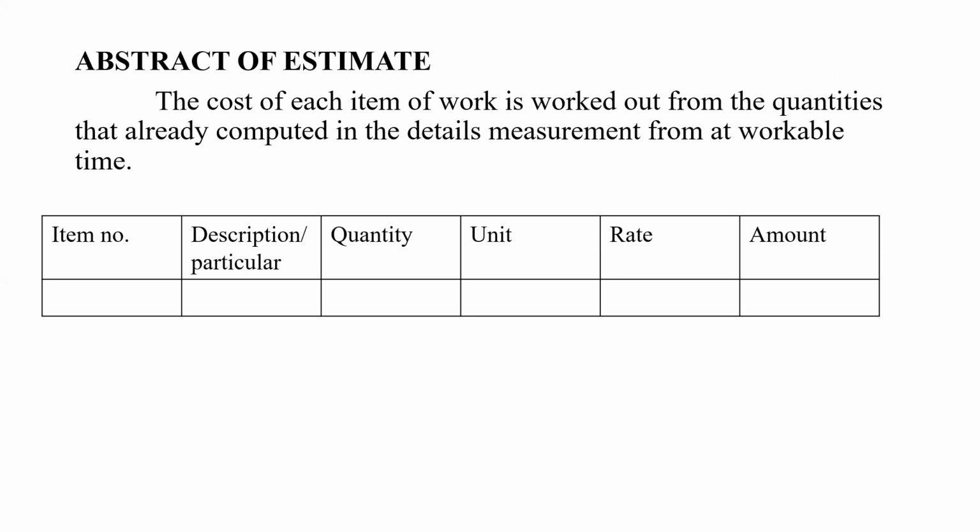For example, for damp proofing it is square meter, for cornice it is running meter, and for brickwork in plinth and foundation it is cubic meter. Like that we need to mention the unit and rate. The rates are taken from the schedule of rates which is prepared by PWD, Tamil Nadu government, each year in the month of June or July, and then the final amount is calculated.